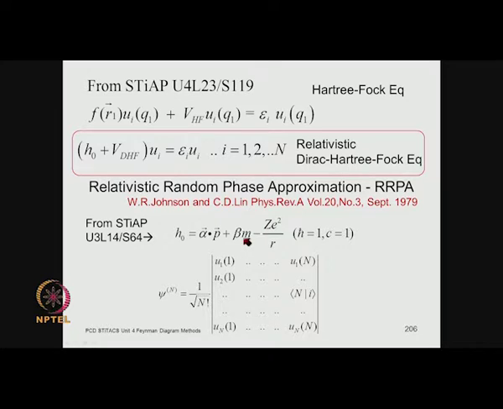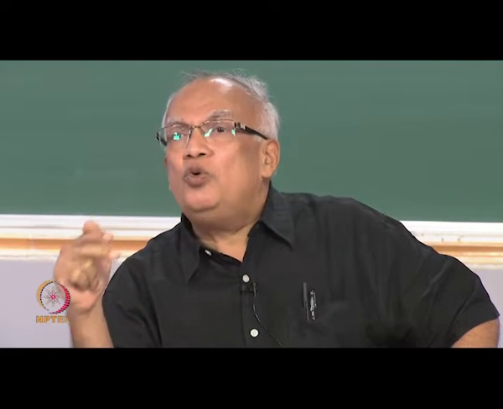Just like the solution to the Hartree-Fock is given by the Slater determinant, you will have a Slater determinant giving you the solution of the n electron Dirac-Hartree-Fock problem, with the difference that the elements of the Slater determinant are now 4 component bispinors and not 2 component spin orbitals.